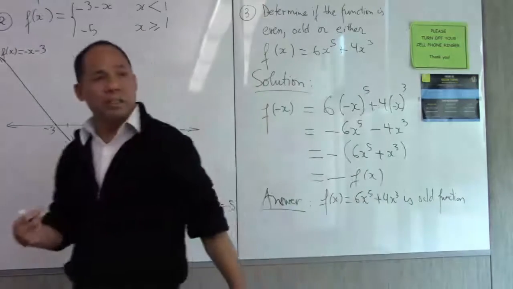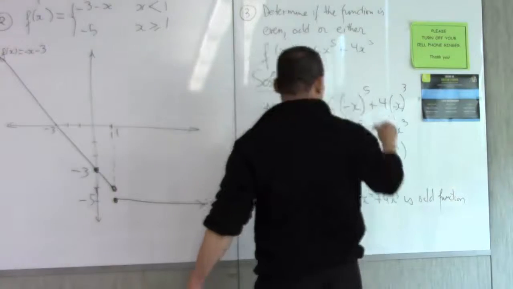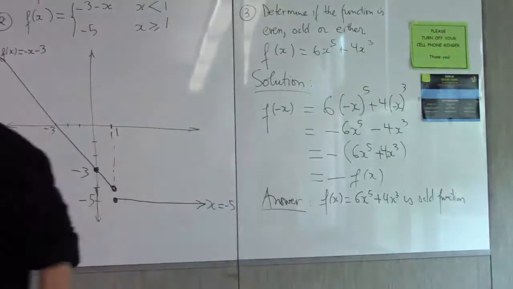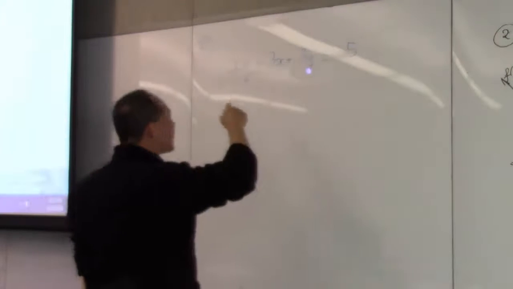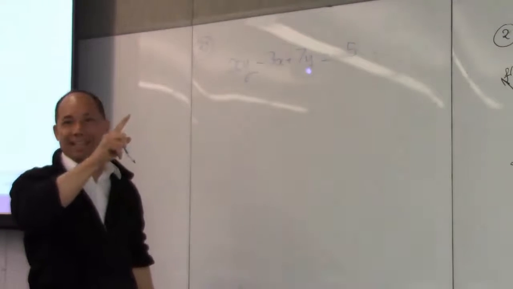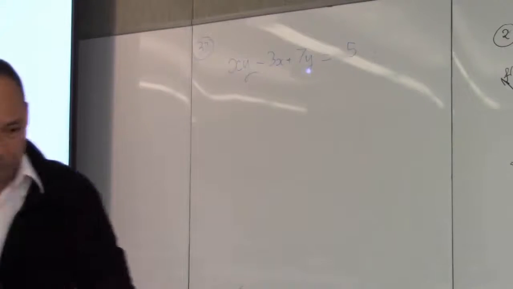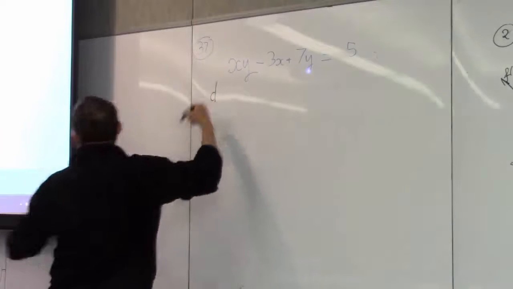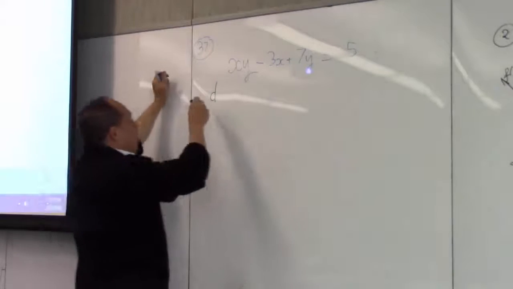Do you remember this? Number 4. Only for 4 can we write this. Now you take the derivative of both sides. This means that they ask you to take the derivative dy over dx.